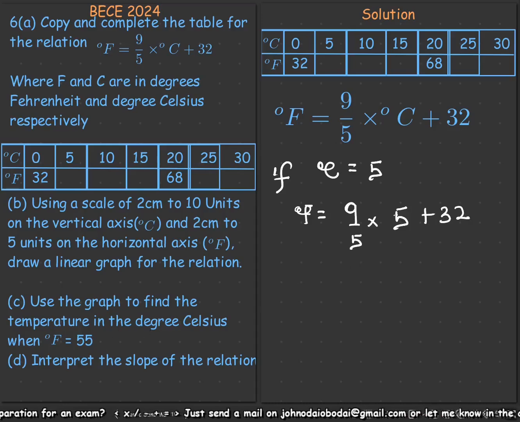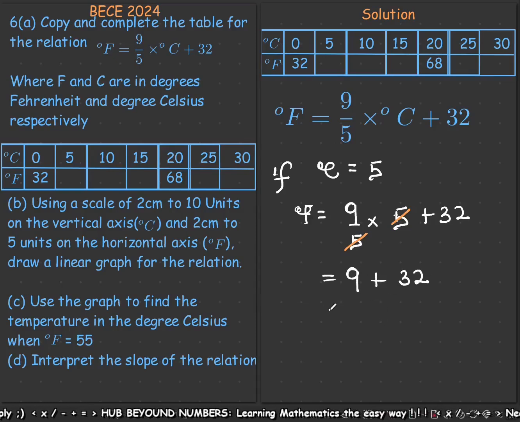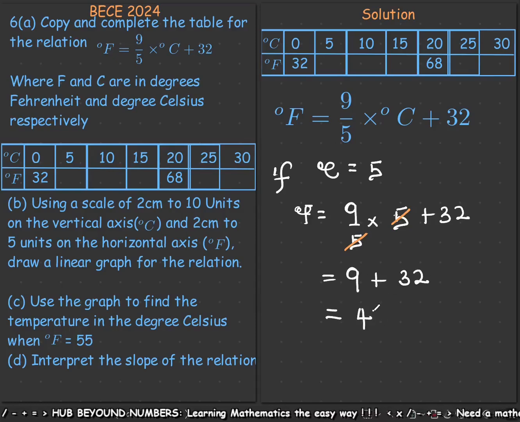We know this 5 cancels out this 5, and then we'll be left with 9. So we have 9 plus 32, which gives us 41. So it's equal to 41.